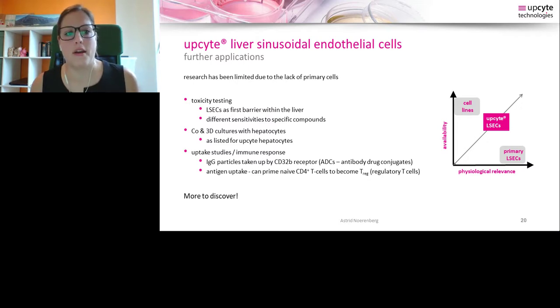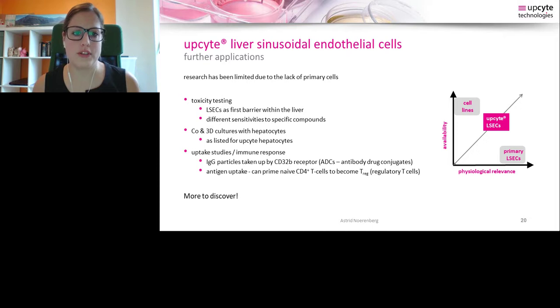If you are in the field of toxicity testing, a lot of people just use the hepatocytes, but kind of leave out the other cell types of the liver, but they're quite important as well. So we're currently writing a publication to show that for specific compounds, the LSECs and the hepatocytes have different sensitivities.